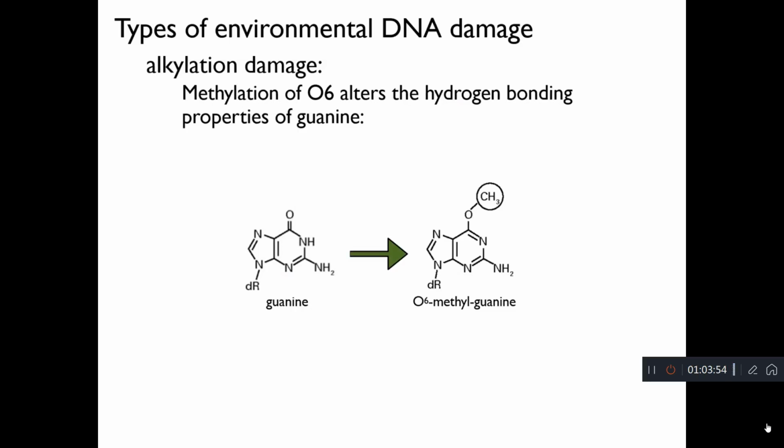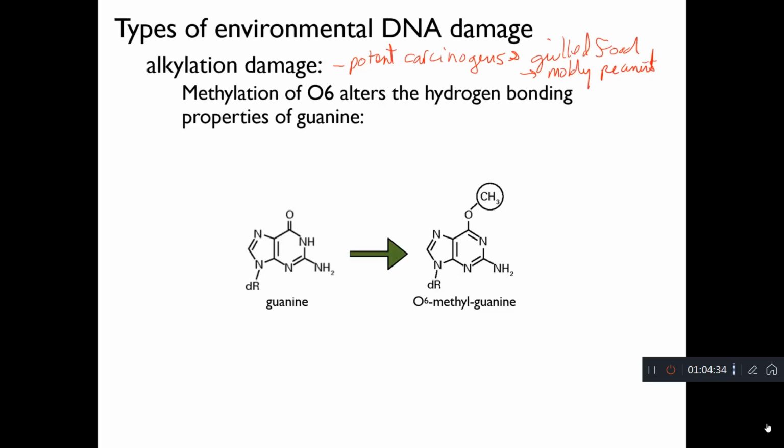Okay, so potent carcinogens, and again, they come from all kinds of sources, like burning tobacco is a good one, grilled food, moldy grain, moldy peanuts are good examples. So there's really a lot of fairly complex alkylating agents.